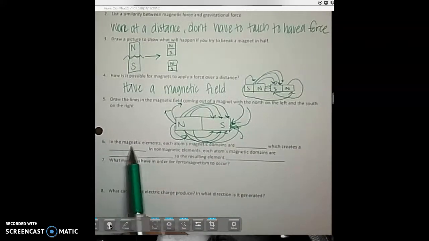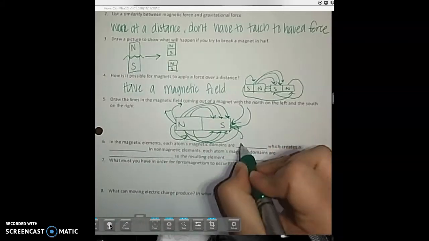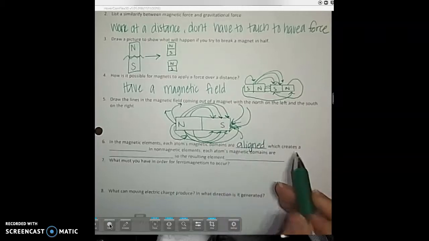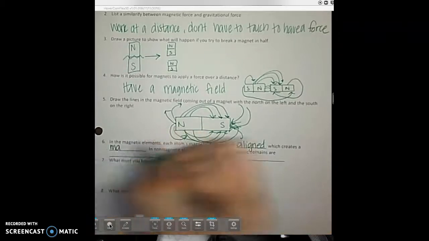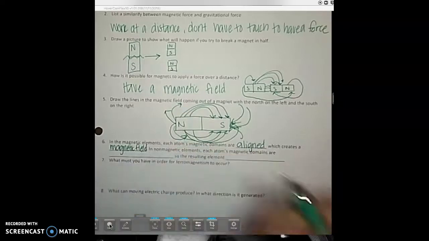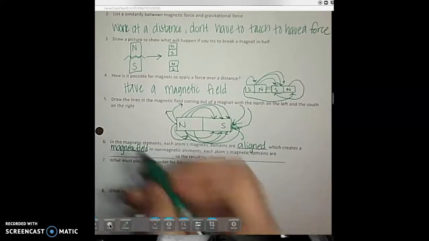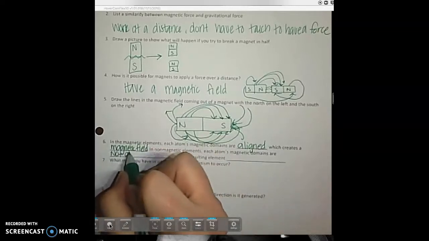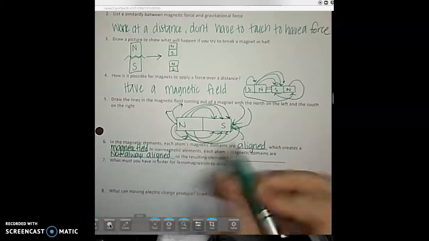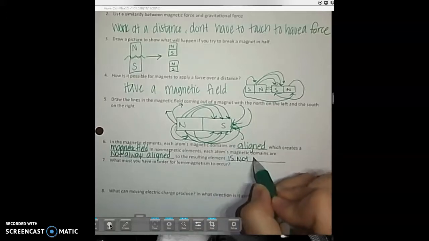Number 6 says, in the magnetic elements, each atom's magnetic domains are aligned, which creates a magnetic field. In non-magnetic elements, each atom's magnetic domains are not always aligned, so the resulting element is not magnetic.